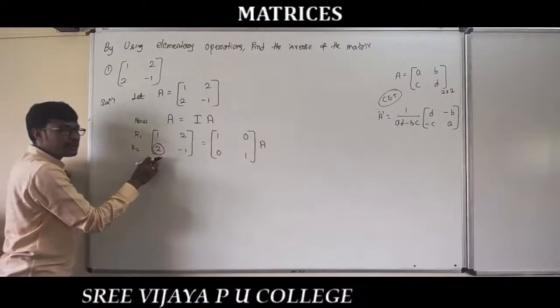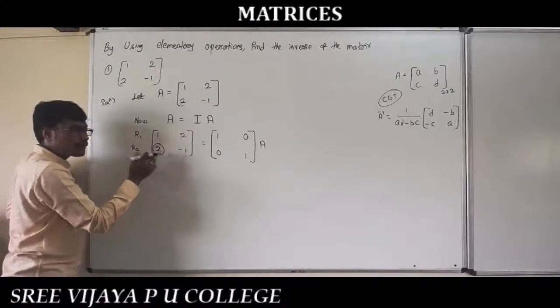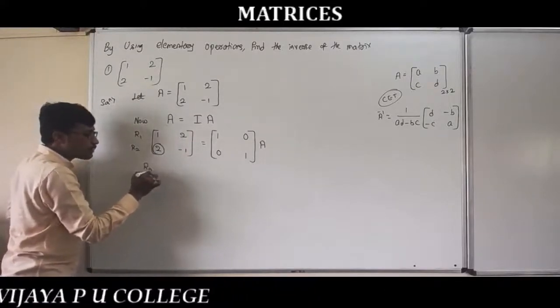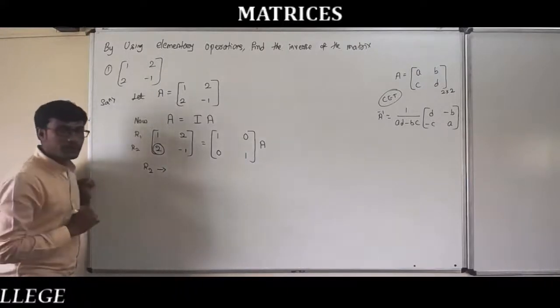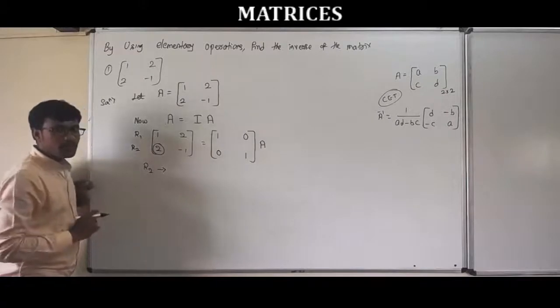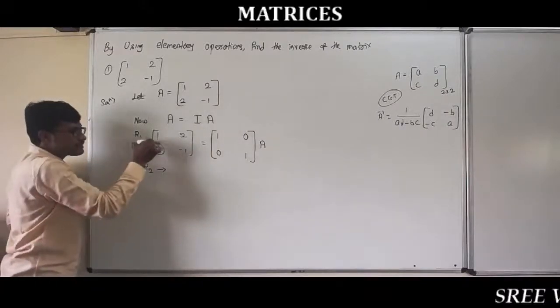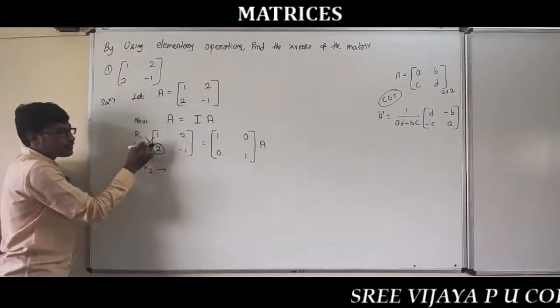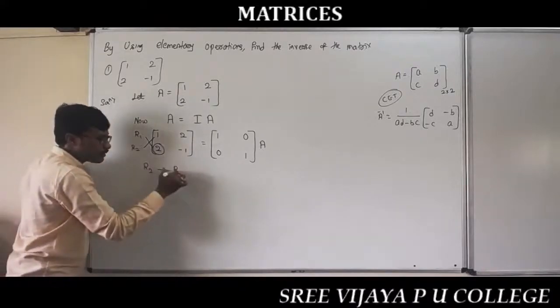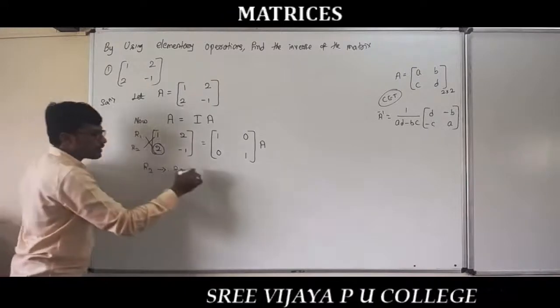So this can be made a 0, right? To make it a 0, we can change R2. How can we change R2? We can apply an elementary operation. Which elementary operation to apply is simple: just multiply these two, a short logic. First, 1 into R2, and 2 into R1.